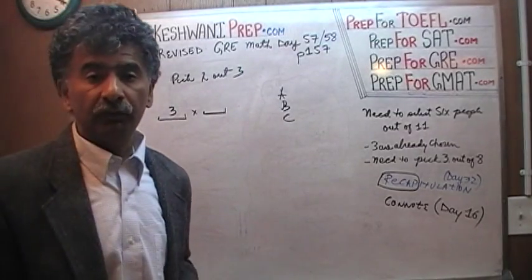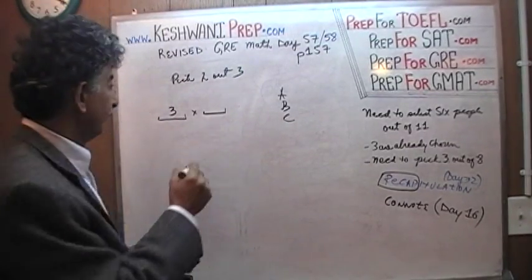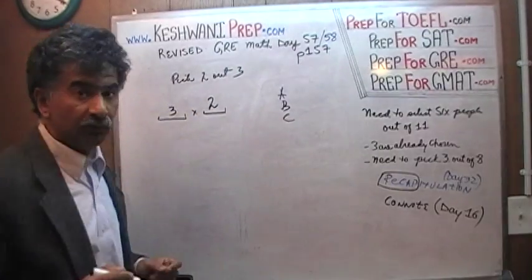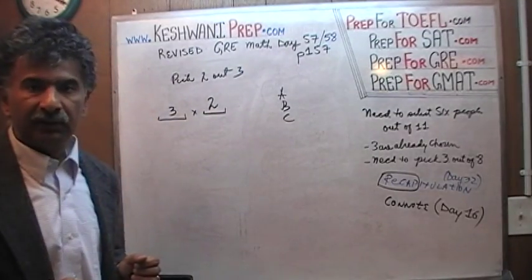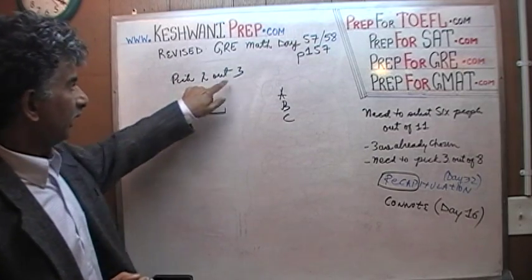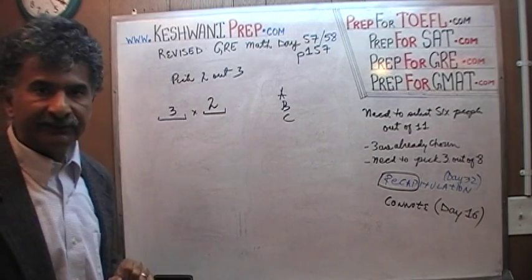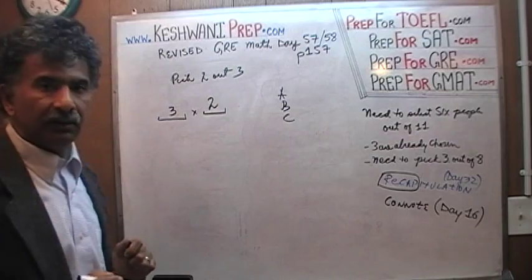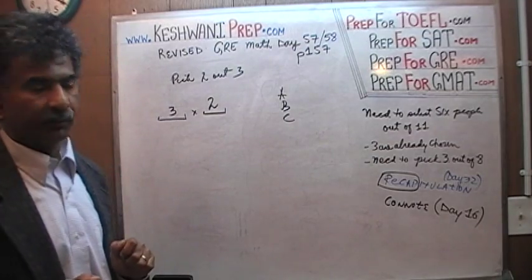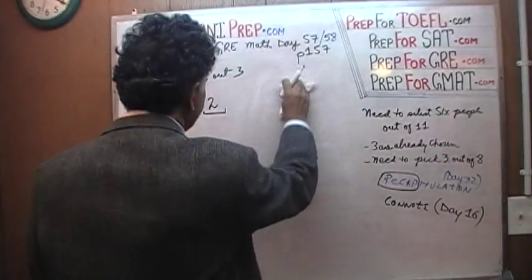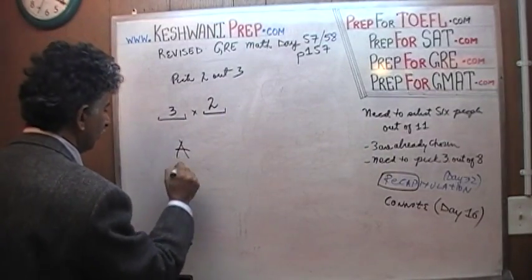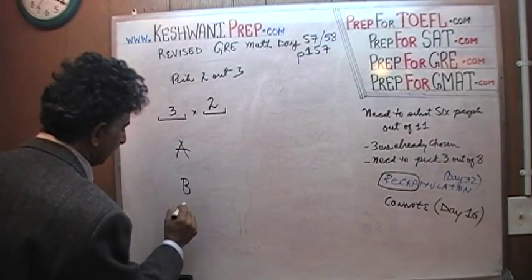Well, one is already chosen, there are two left, so I have two options to pick a second person. It looks like I have 6 different ways of picking two people out of 3. But what we learned yesterday is that what is going on here is double counting. I'm going to show you one more time quickly where the double counting is taking place, so that we can move on to what we have to learn today.